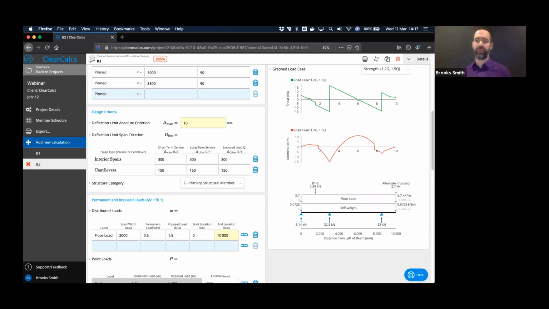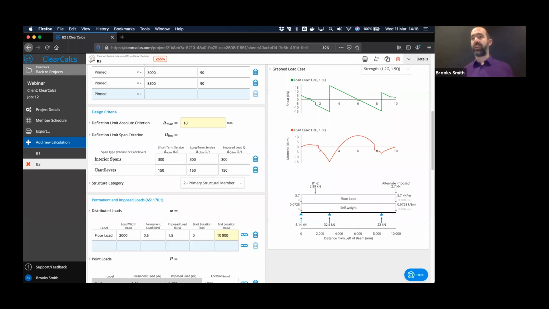It is not applied simultaneously. It is assumed to apply at a different time than the distributed imposed load. Internally, our software is taking that into account. Effectively, we're doing two separate load cases for the distributed imposed load and the alternate concentrated imposed load.